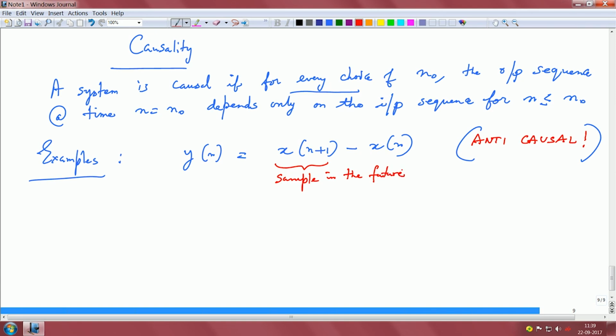This is a very powerful idea, because something now is depending upon some input in the future, and that is anti-causality. And if y of n is of this form, x of n minus x of n minus 1, this is causal.